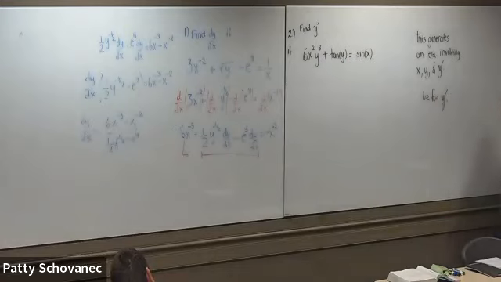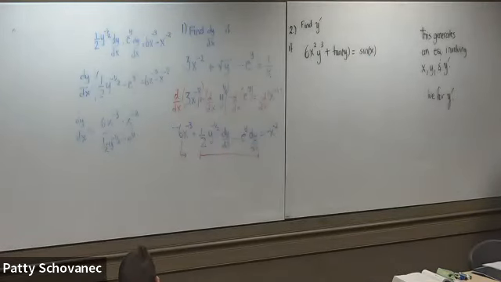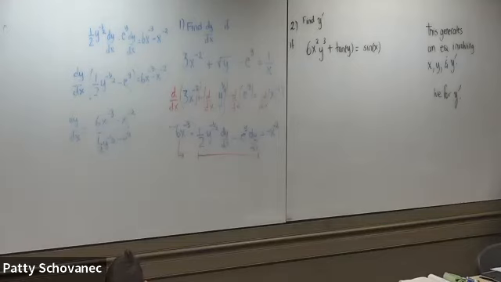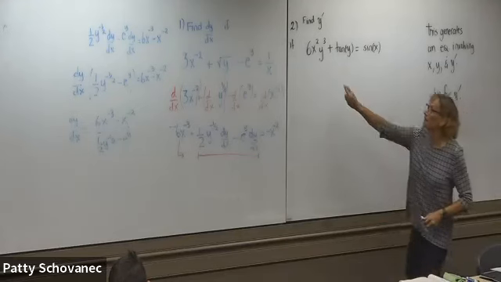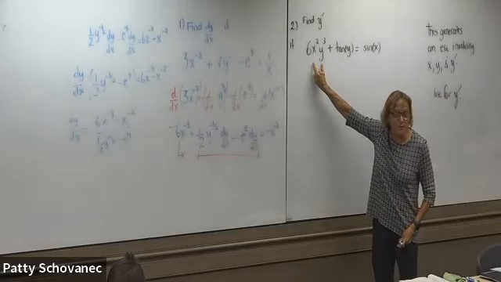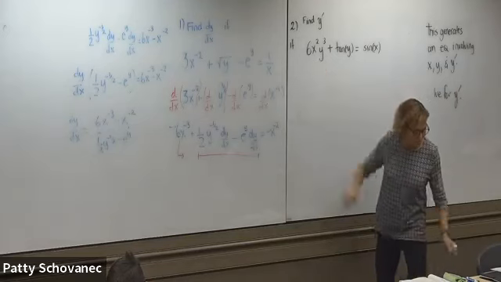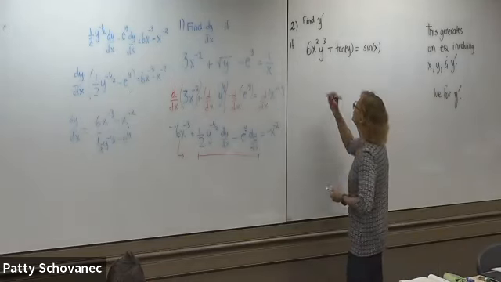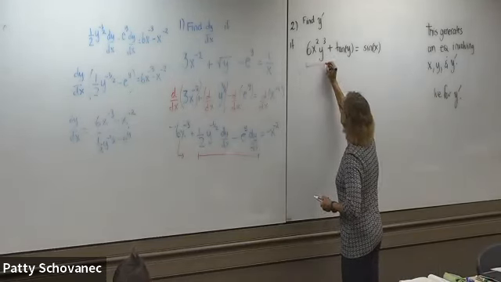So again, you're noticing the equation as opposed to the function. But another thing you need to notice is that we've got a product going on right here. So for this term, make sure you use the product rule.